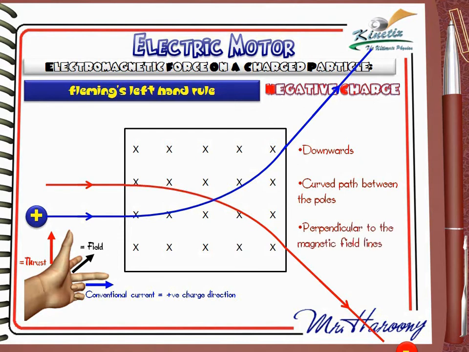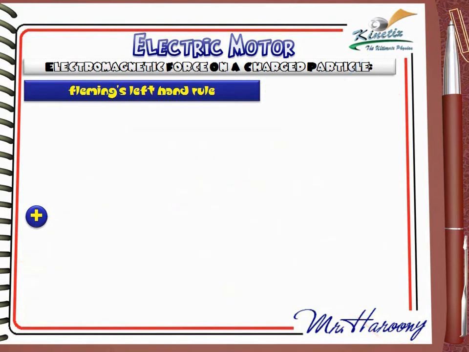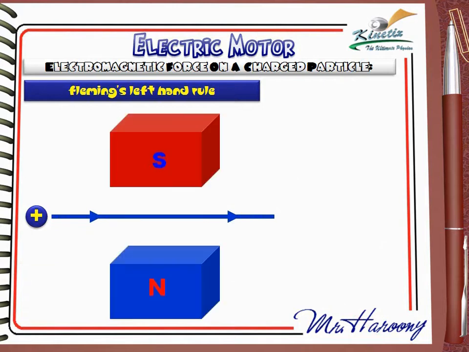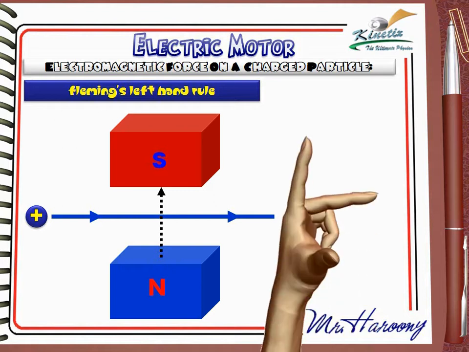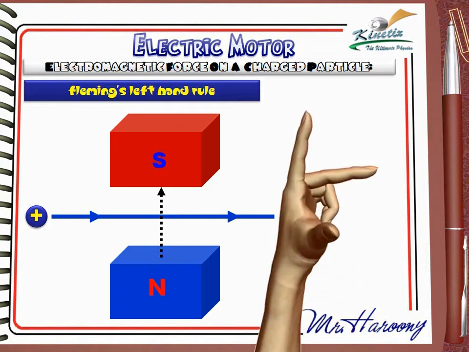The following example shows a positive charge moving straight to the right, before it interacts with the given magnetic field. The dotted black arrows show the direction of the magnetic flux lines. Since it is a positive charge, Fleming's left-hand rule will be directly applied without reversing any results.